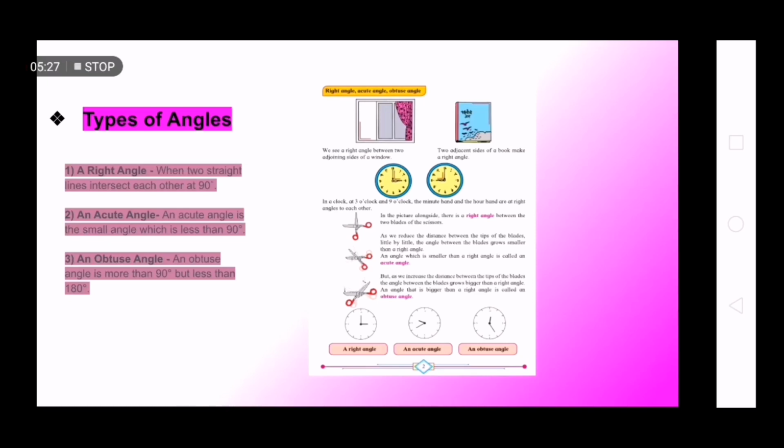You all have a geometrical box. In the geometrical box we have a divider, compass, different square and triangular shaped scales, pencil, eraser, sharpener, scale.